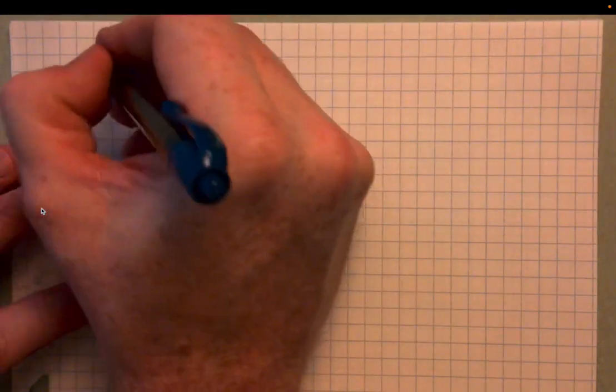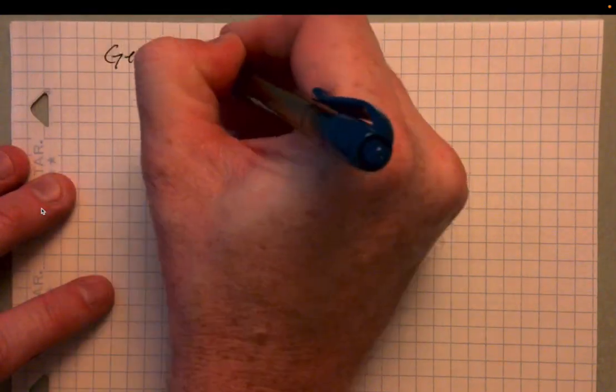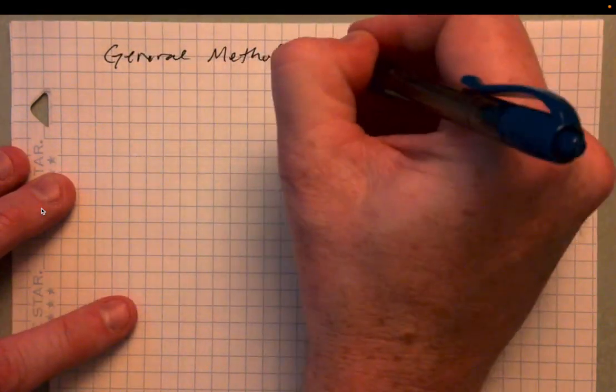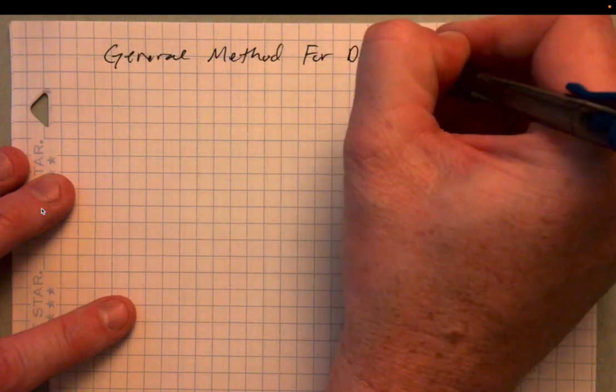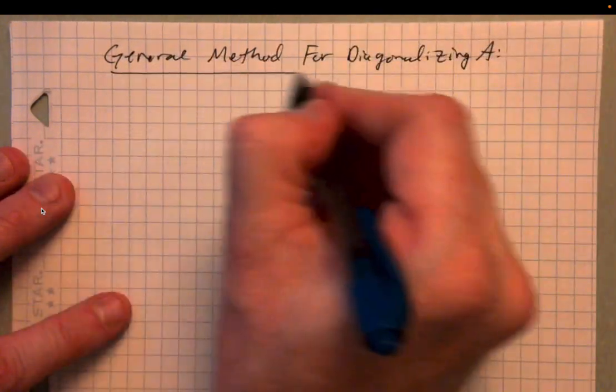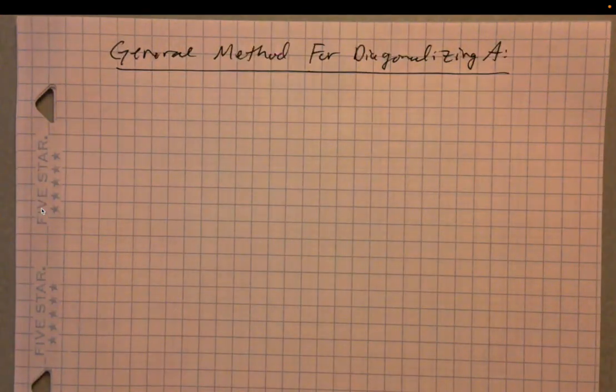How can we go about performing a diagonalization in practice? What is the approach? So the general method for diagonalizing A: this is maybe not going to be pretty, but it works.